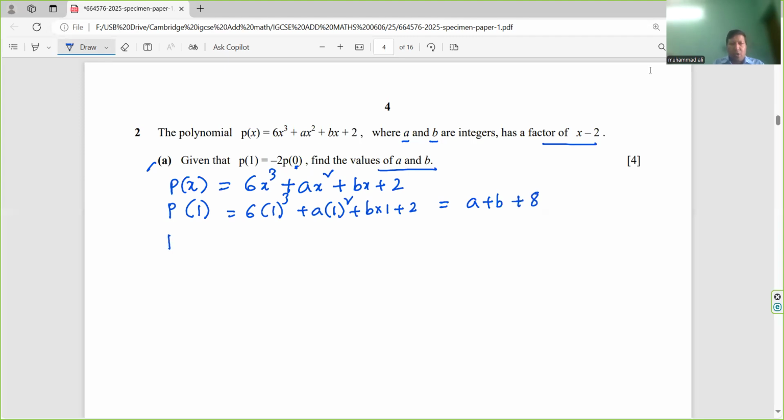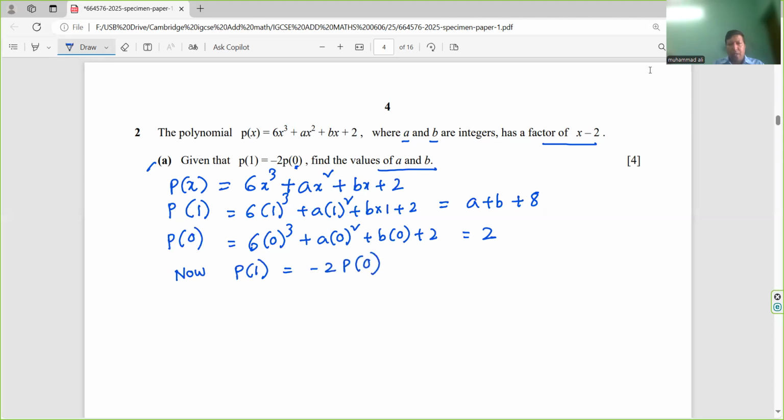If we put 0 instead of x, it will be 6 times 0 cubed plus a times 0 squared plus b times 0 plus 2. So p(0) will be 2. Now p(1) equals -2 times p(0). So a plus b plus 8 equals -2 times 2. If we simplify, we get a plus b equals -12.